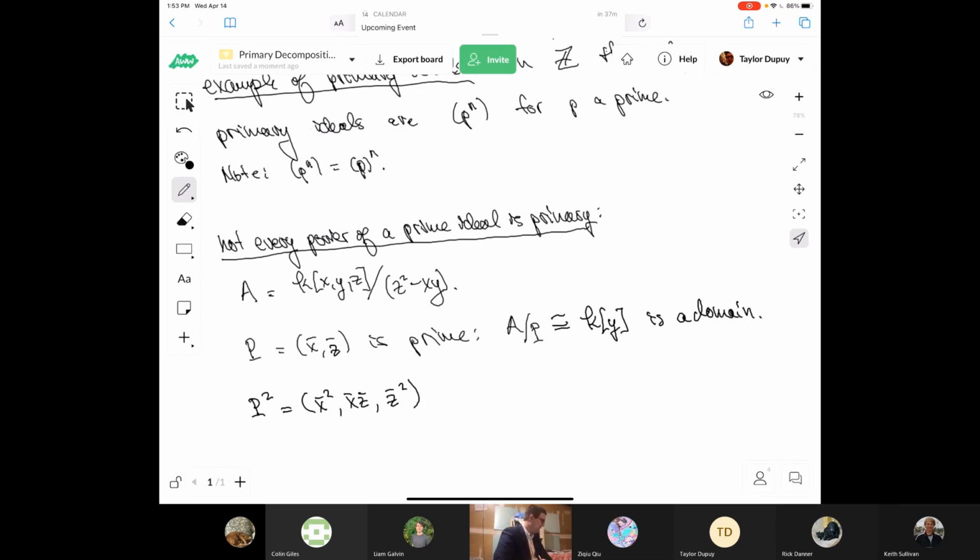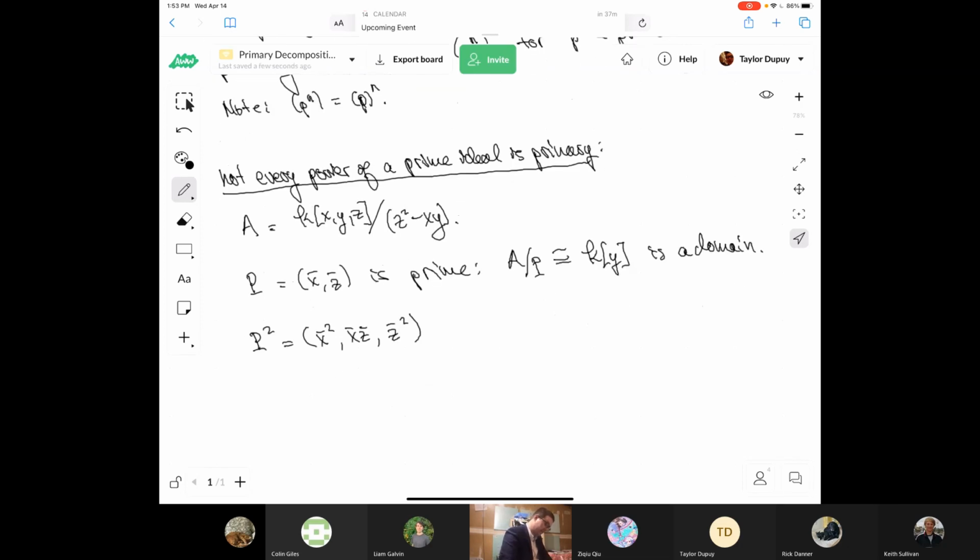So this ideal contains X bar times Y bar, since it's equal to Z bar squared. But Y bar to the n is not an element of P squared for any n.